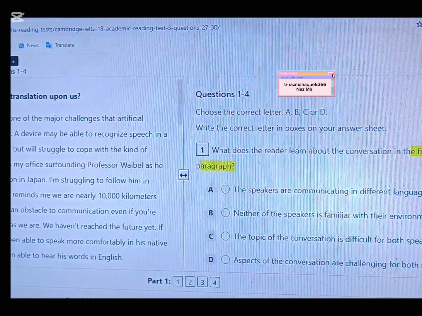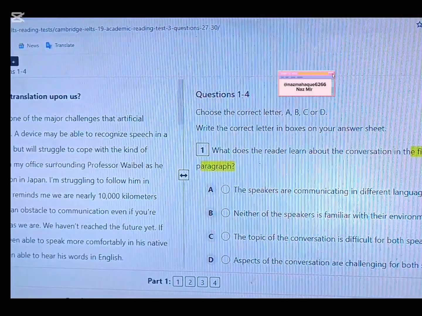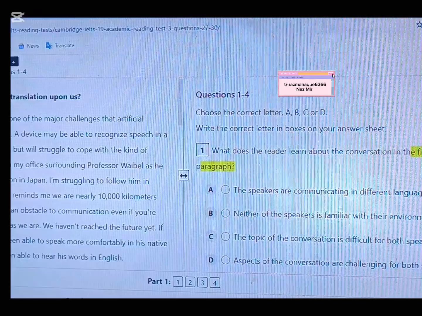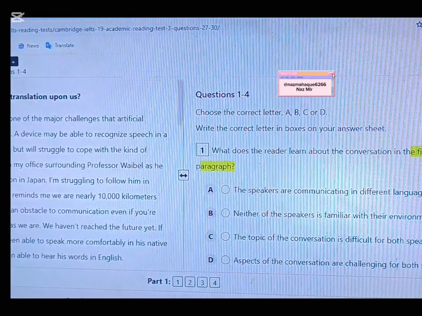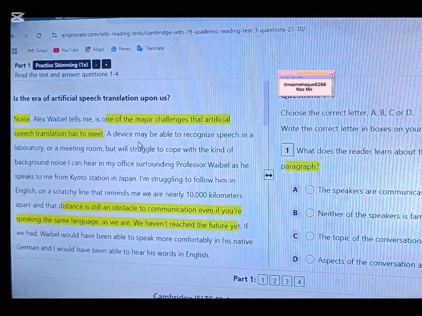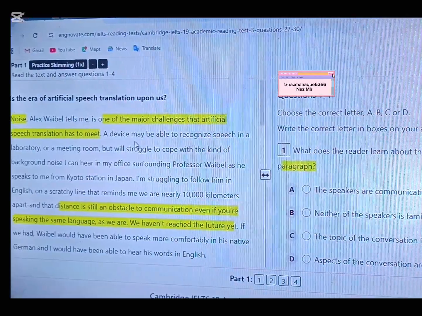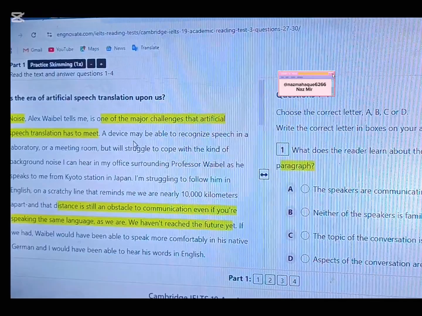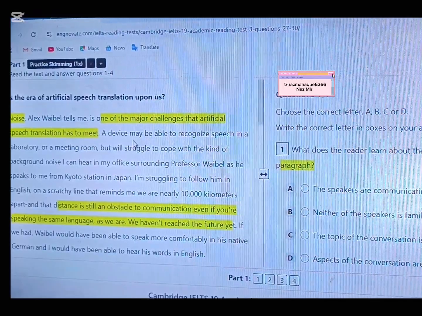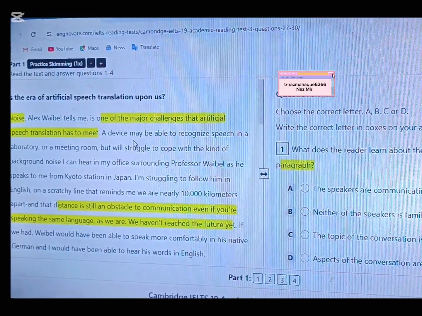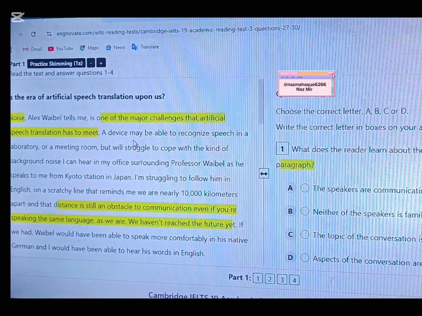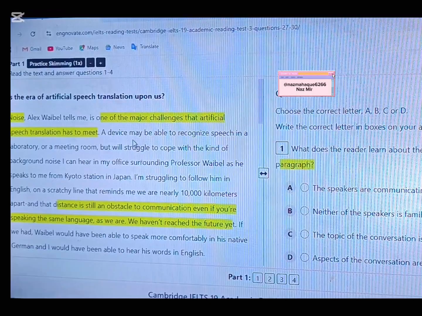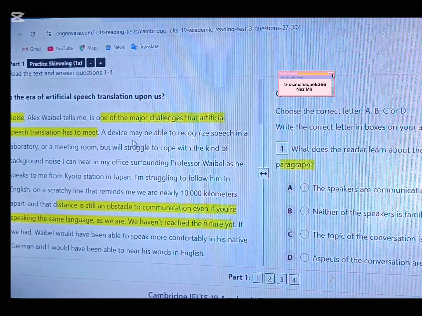So always try to highlight the keyword and then go to the passage so that you can locate your key answer. As you guys can see, in the first paragraph they are going to talk about the noise. And in this paragraph, it has been said that noise is one of the major challenges that artificial speech translation has to meet.